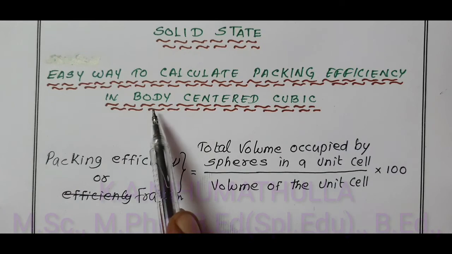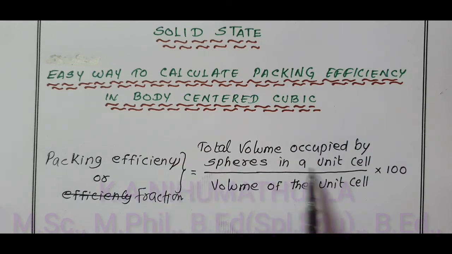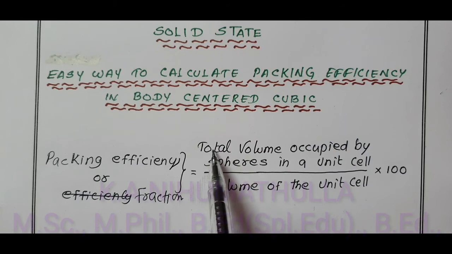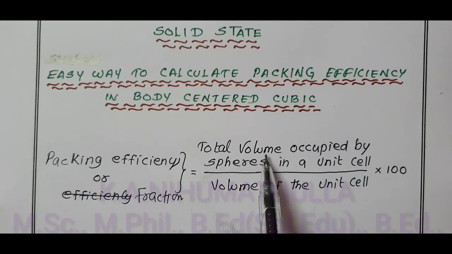We are going to calculate for body centered cubic, therefore the unit cell here is taken as BCC unit cell. Total indicates the total number of atoms in body centered cubic, which is 2. Volume is 4 by 3 pi r cube, and in 4 by 3 pi r cube, we have to find that r value.